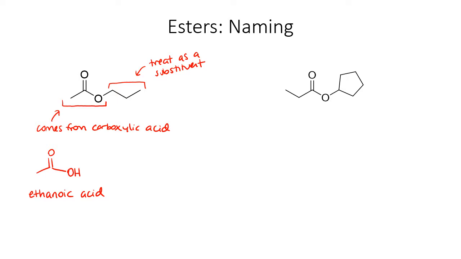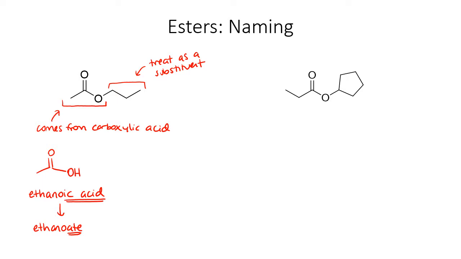So what we're going to do is modify this name to become ethanoate. Okay, so in an ester, we take away the "ic acid" and we replace it with "ate." Now this is going to be the parent chain name.